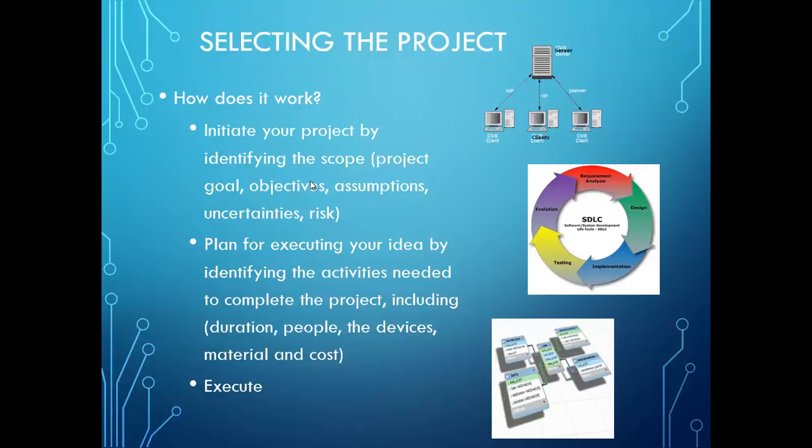After that, you need to plan for the execution process by identifying the activities needed to complete the project, including the duration of each activity, the resources or people needed for each activity, the devices needed, the material, and the cost for each activity, which will lead to the total cost of the project. Then you start the execution.